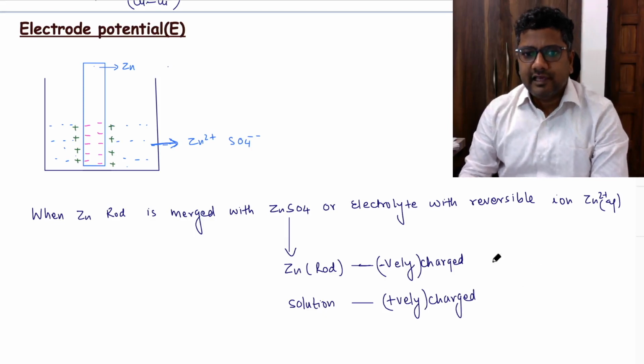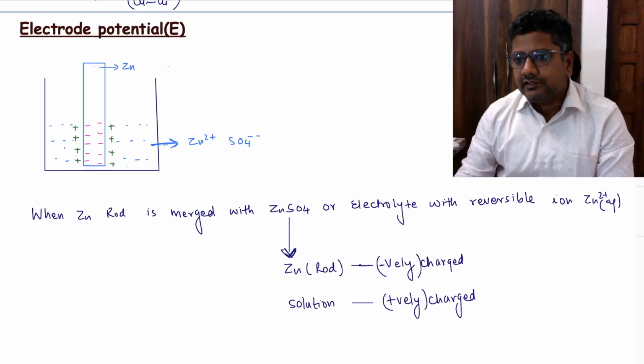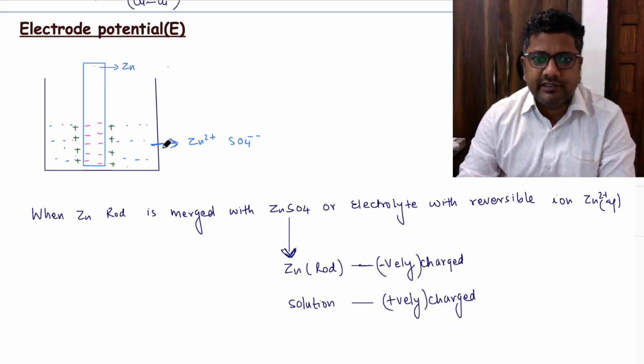See what is happening here. For this, we have to see what is inside this zinc sulfate: Zn2+ and sulfate ions are there, and water molecules are there, some H+ and some OH- are there in this solution, right?